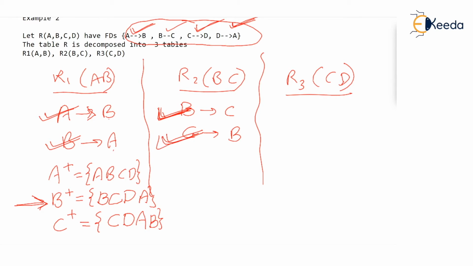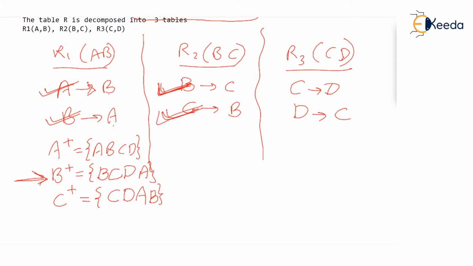Now let's see R3. There are only two attributes. So the only two non-trivial dependencies are C determines D and D determines C. How do you check whether C determines D is valid? Check the closure set of C using our original table that we found. It has D. C closure has D. So C determines D is satisfied. How do you check whether D determines C is satisfied or not? Find out D closure using our original FD set.